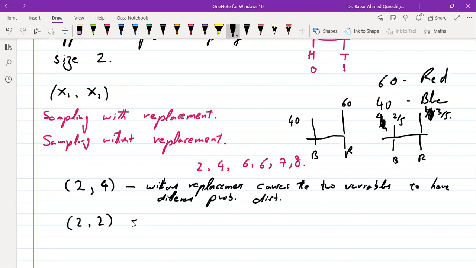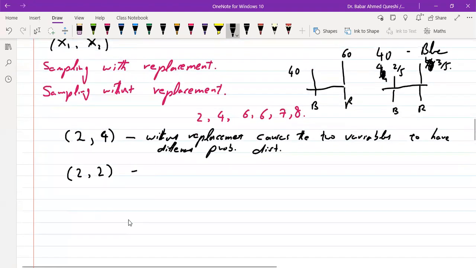It causes the two variables to have slightly different probability distributions. However, if you have a very large population and the sample size is small compared to the population, then it doesn't really matter whether you are doing it with replacement or without replacement, because picking one element does not change the probability for the rest.